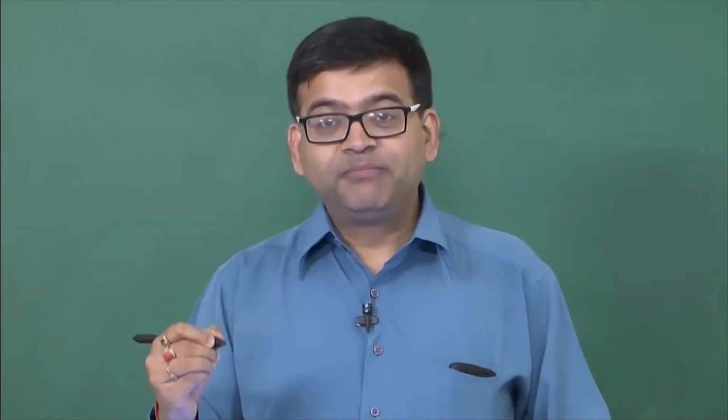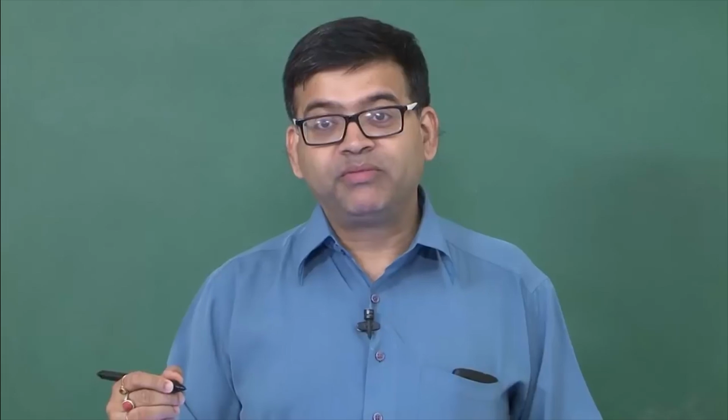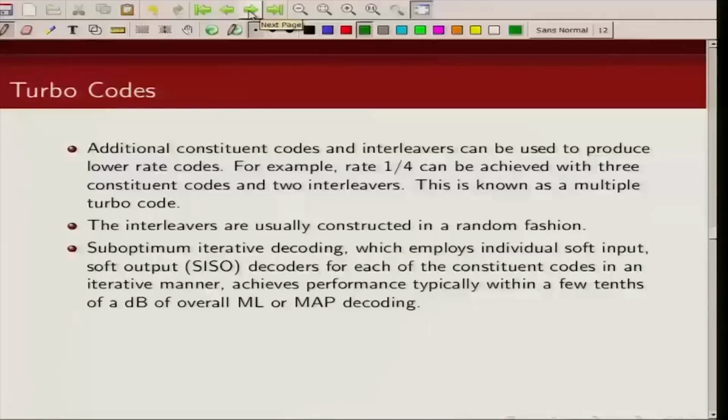In fact, the name turbo codes comes from the decoding structure. The turbo engine has this feedback mechanism, and the decoding structure of this turbo code is also a feedback. So, from one encoder to the other encoder, it is basically going around. So, from there this name turbo codes has come.